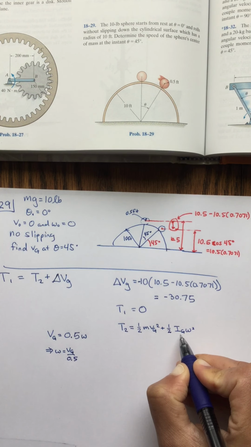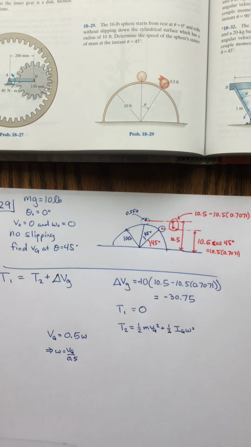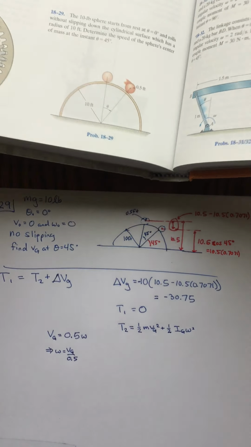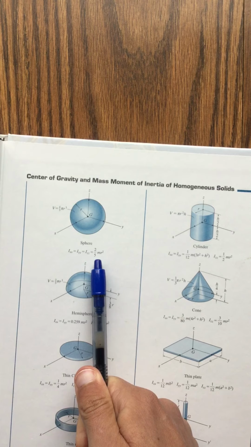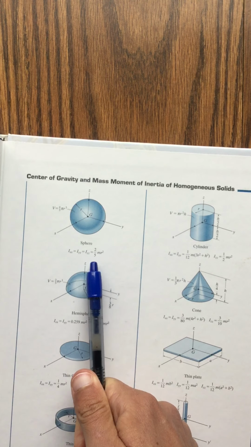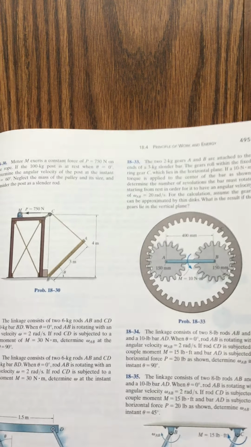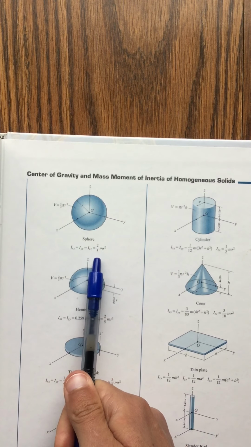Then I also need to know the moment of inertia for the sphere, so I go to the back of the book, and for the moment of inertia for the sphere, I have 2/5 times the mass times r squared.